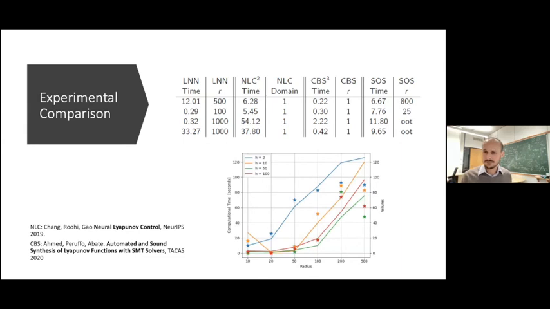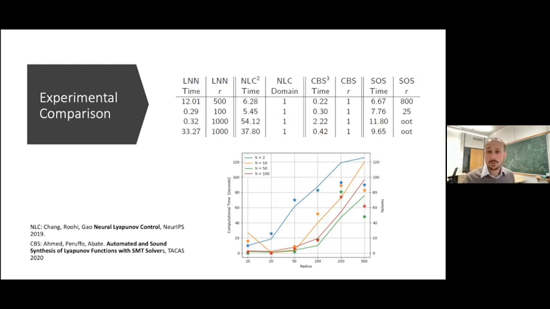Still, we're not the fastest, but we find better Lyapunov functions. And with respect to SOS tools, which is the state of the art, we can give formal guarantees, and they cannot. In general, that's unsound.